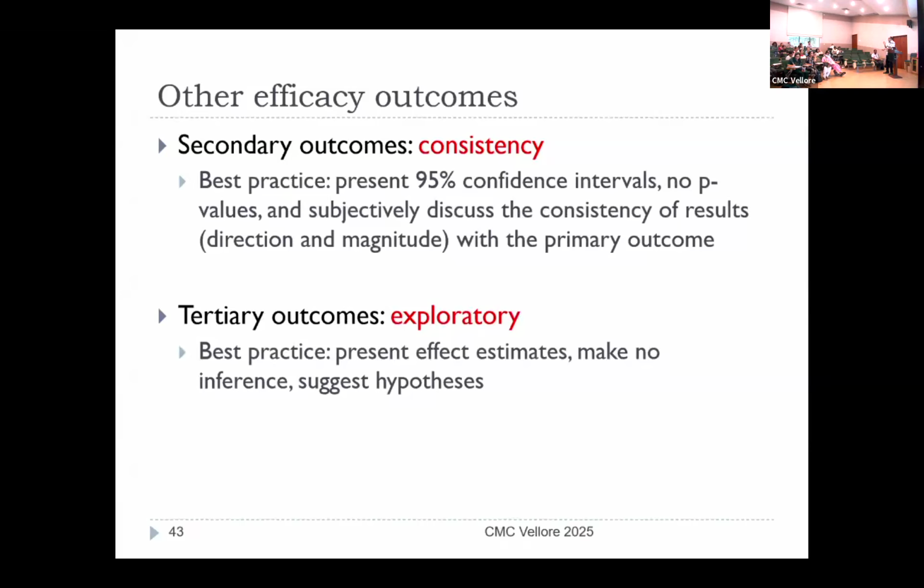So first of all, we have to realize that now we are in quicksand of terminology. What I call secondary, somebody else will call tertiary. What I call exploratory, somebody else will call sensitivity. What I call surrogate, somebody else will call whatever. Terminology is a nightmare here.